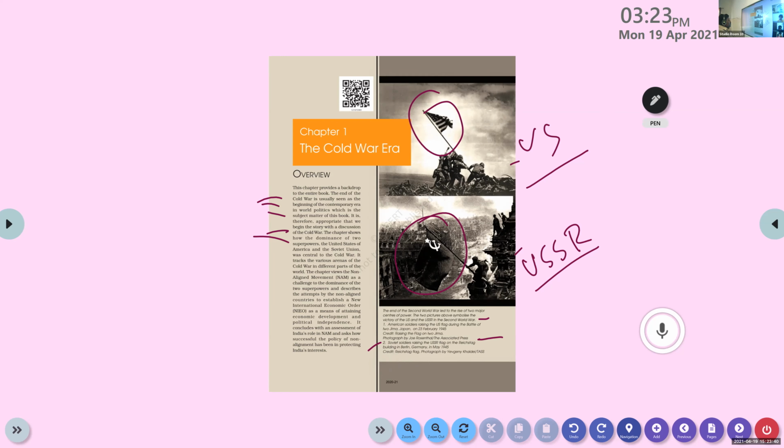The chapter views the non-aligned movement now. What is that? Non-aligned movement means not being part of the US or USSR. I already told you in the morning session. India is the major country that followed this system, NAM, and made many other countries follow the same principle or foreign policy, non-aligned movement, as a challenge to the dominance of the two superpowers, and describes the attempt by the non-aligned countries to establish a new international economic order, NIEO.